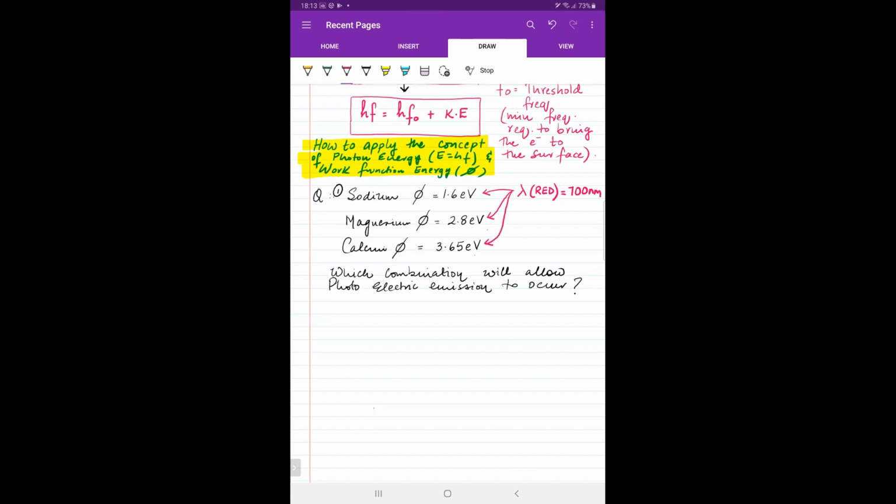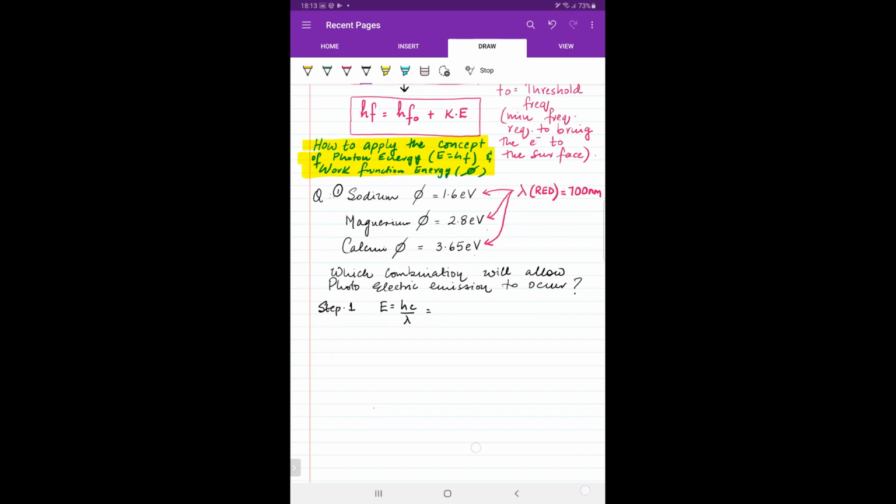And if my question is which combination will allow photoelectric emission to occur? So based on the theory studied so far, मुझे पहला step करना चाहिए. I should start with the formula E is equal to hc upon lambda so that I can work out the energy of the photon belonging to red light.